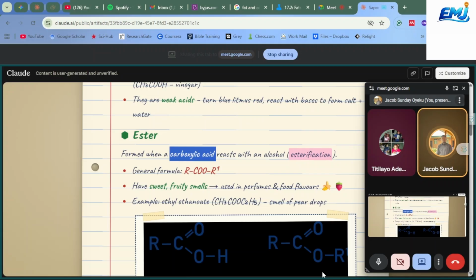It can be methyl, ethyl, propyl, butyl, anything. The number of carbons in soap, in fact, to tell you from the beginning, are usually very big. So that's what you have in ester.